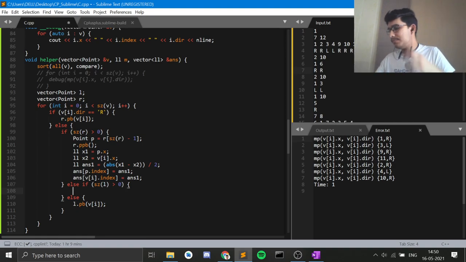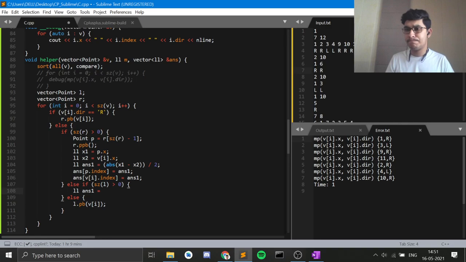This is tricky. Right, so at first we need to calculate how much distance will they travel. Right, yeah.